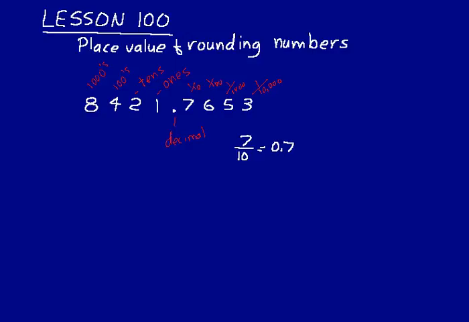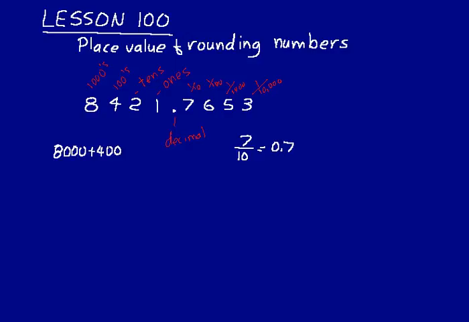Before we get to rounding numbers, let's just think about place value a little bit more. Just think of to the left of our decimal point there. We have 8,421. The 8 is in the thousands place, and so when we think of place value, we're really placing a value of 1,000 on the 8. So we're saying 8,000, and then the 4 is in the hundreds place, so we could say plus 400.